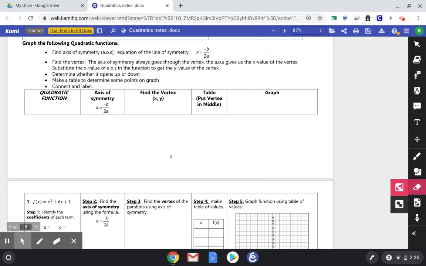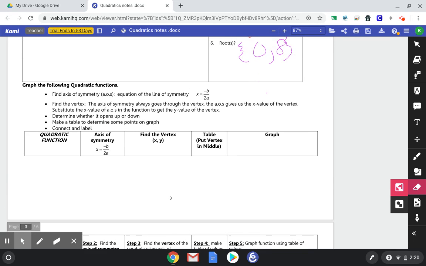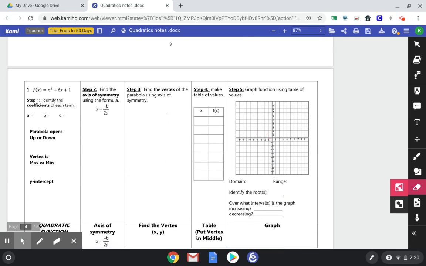All right, after you have a few points, you can connect your points and you will have a graph of a nice curve going up or down, skinny or compressed, however the equation is given to you will determine what your graph looks like. Okay, so let's look at an example.